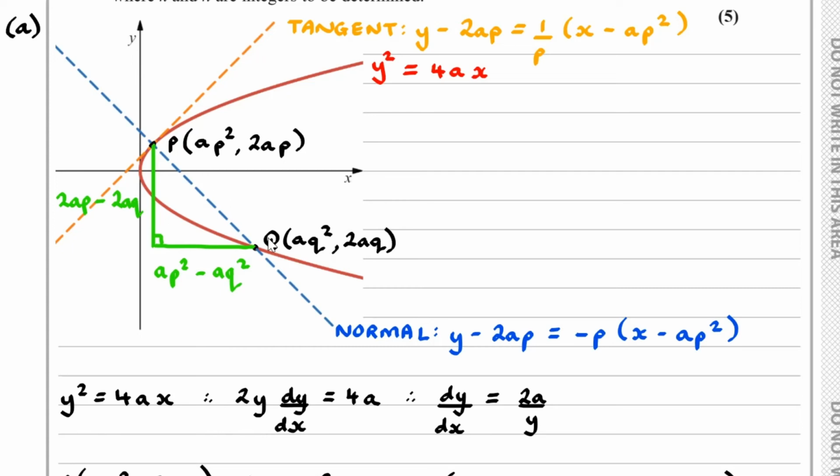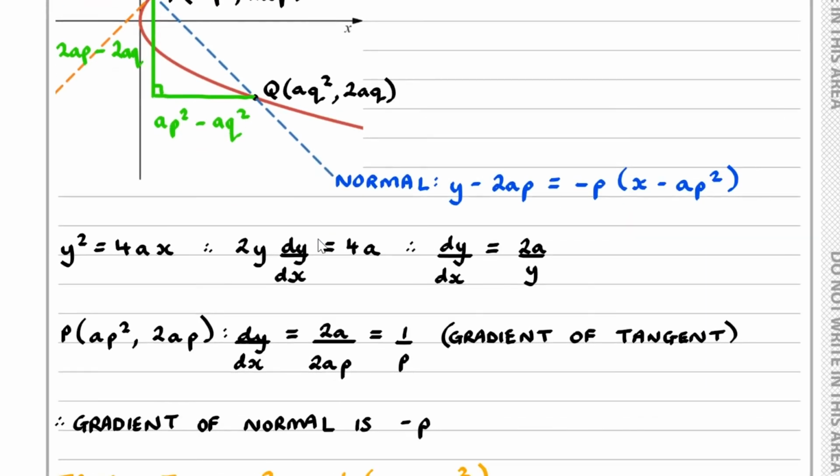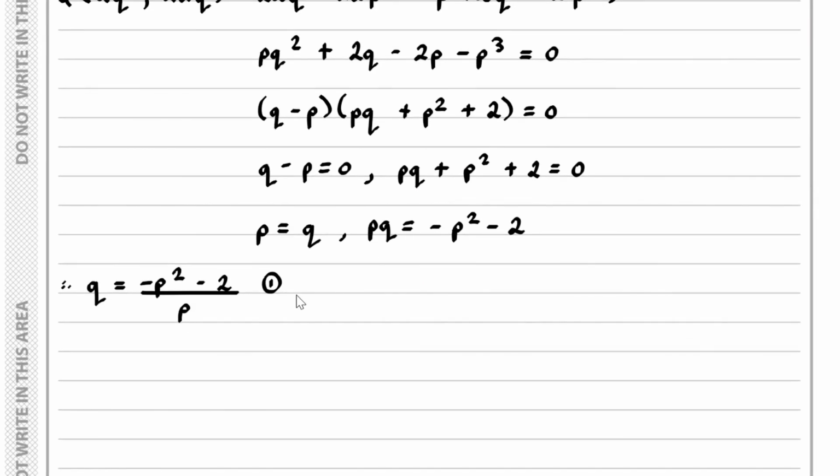And we are finding PQ all squared. So we can now use Pythagoras for part B.